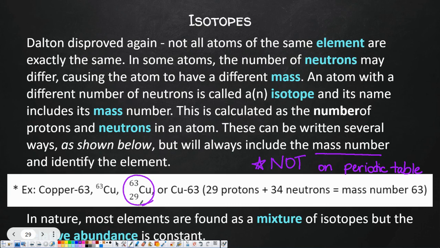And then those isotopes have a constant relative abundance. So what relative abundance is, it's a percent. So after you fill in your blank, you might want to put a percent sign to remind yourself.